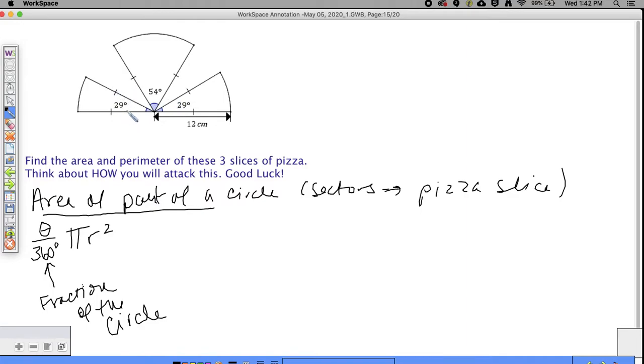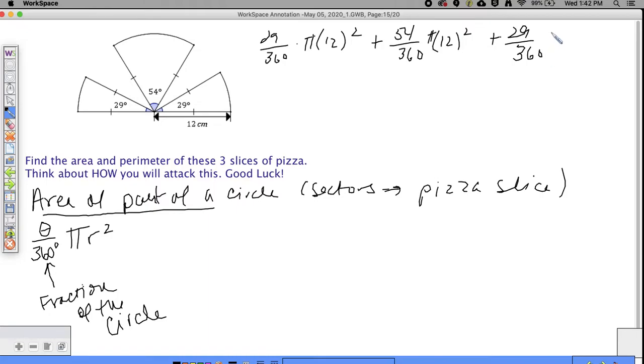So you could do 29 over 360 times pi r squared plus 54 over 360 times pi r squared. So you could do 29 over 360 times pi times 12 squared, because the radius is 12, plus 54 over 360 times pi times 12 squared, plus 29 over 360 times pi times 12 squared.